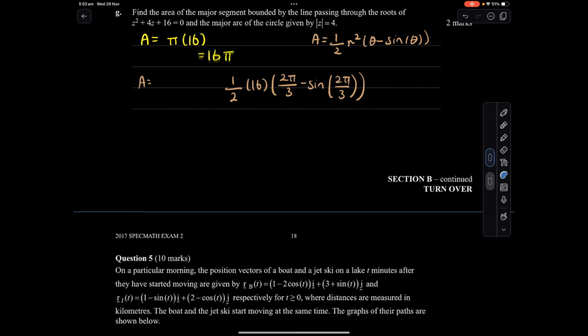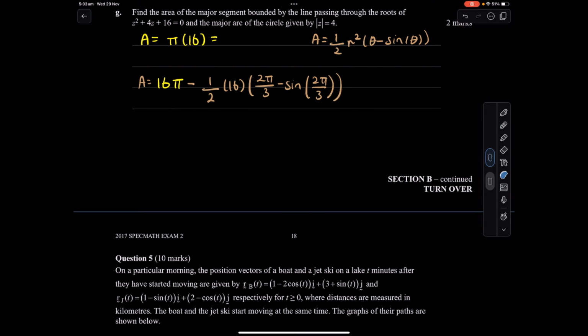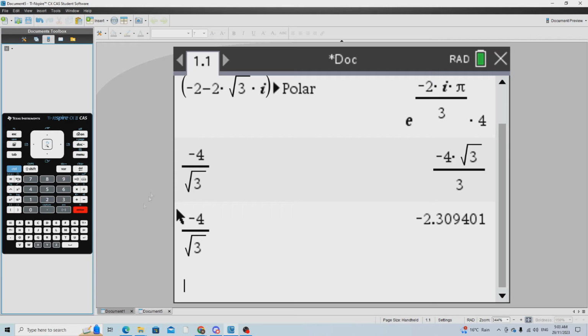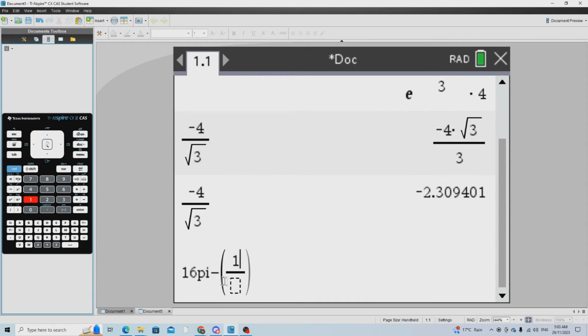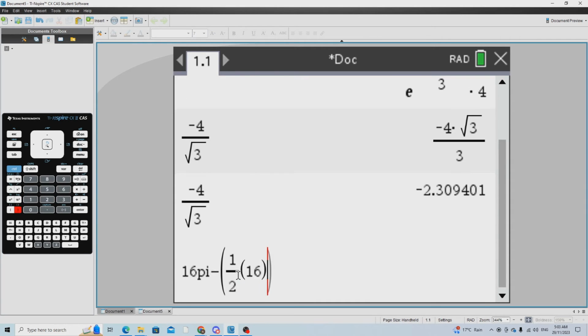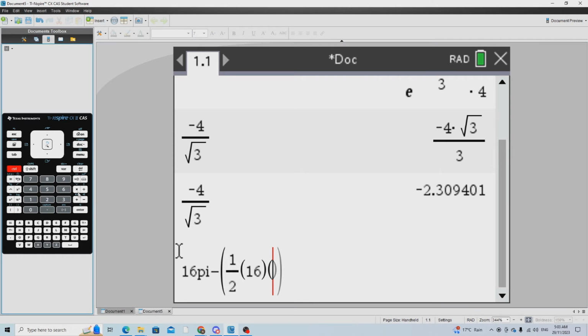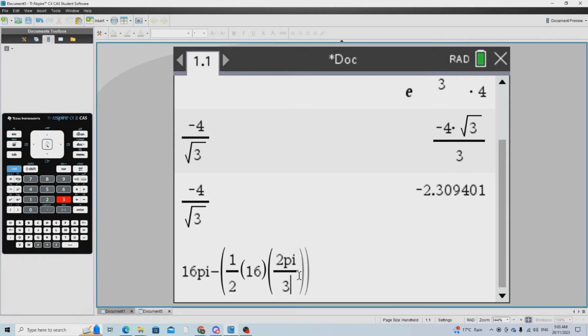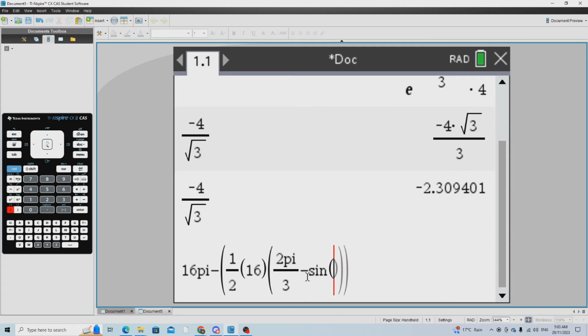So I'm going to take this, bring it over here, put a minus symbol here. Okay, and let's find that area. So we're saying 16 pi minus half of 16, 2 pi on 3, minus sine 2 pi on 3, this thing over here.